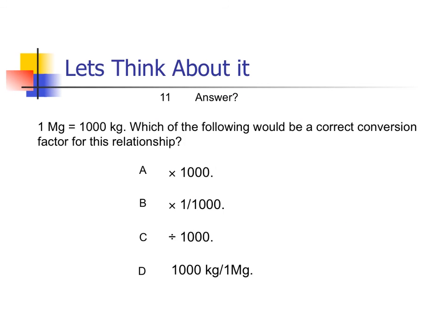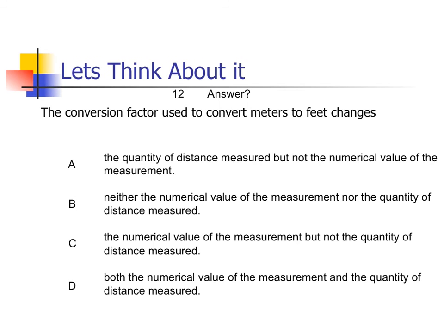1 megagram is equal to 1,000 kilograms. Which of the following would be the correct conversion factor for this relationship? The conversion factor used to convert meters to feet changes.